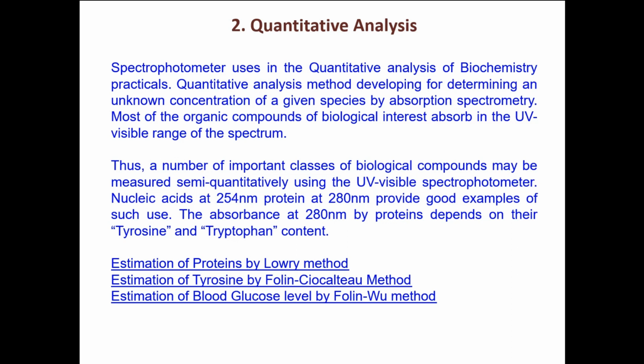In such a way we can calculate the amount of DNA, and there are different methods for different procedures. Like the Lowry method, we have a different method, the Phenol method, we have a different method, and glucose estimation, we have a different method.